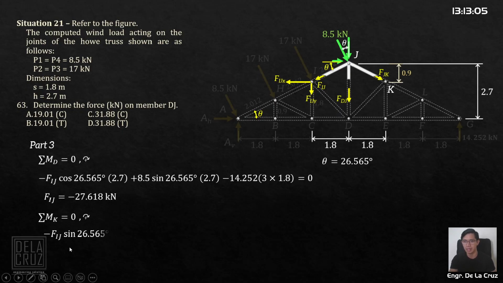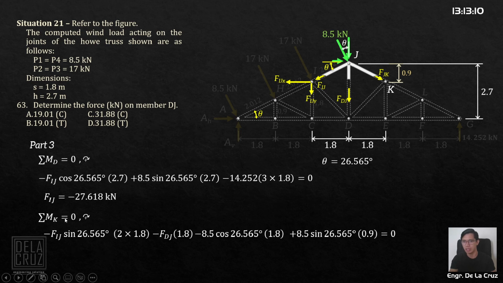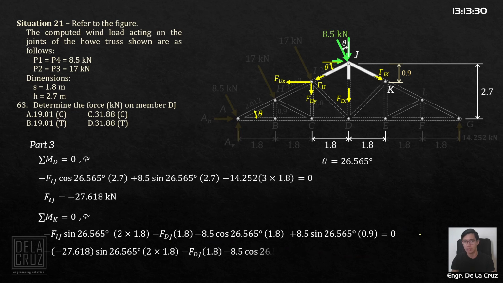Yung ginamit natin. Okay? So, take note, yung FIJ natin is a negative value. Hindi natin change yung direction. So, as is the negative sign. Huwag mong tanggalin yung negative sign, kasi hindi natin binago yung direction. Okay? So, substitute din yung ibang values dito. Unknown si FDJ. Just copy that one. Equal to 0.